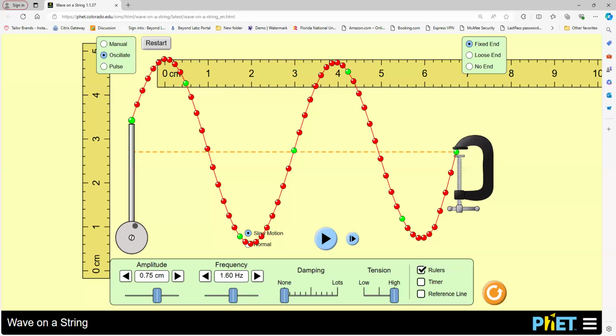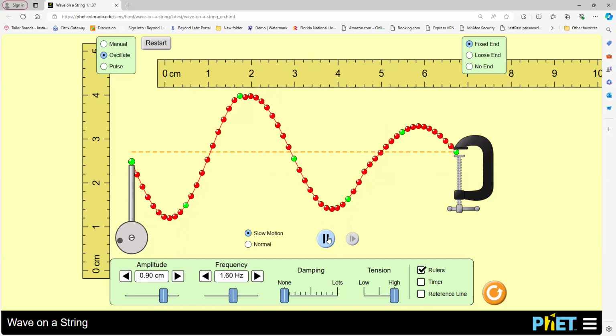So here I had a wavelength of 3.8 in the first case when it was an amplitude 0.60. Later for 0.75, I got like 4 centimeters. I will increase then again the amplitude now to 0.90. And I will just start again.